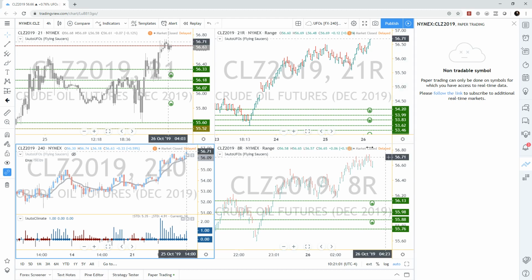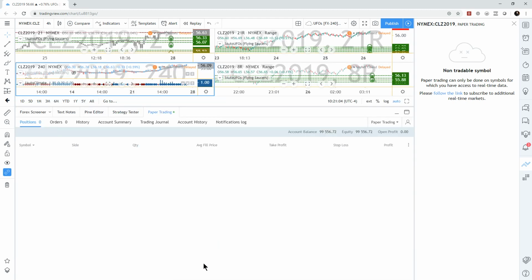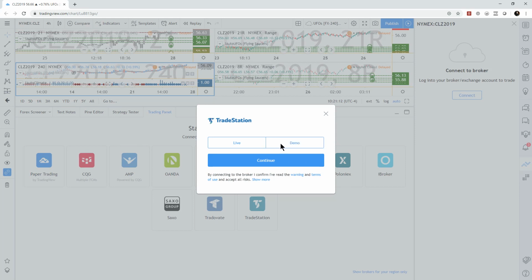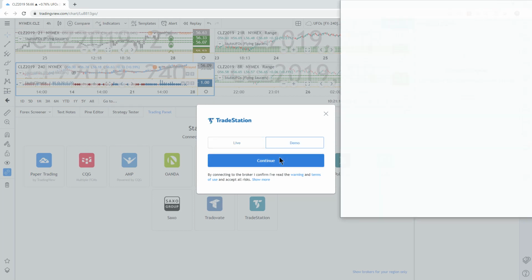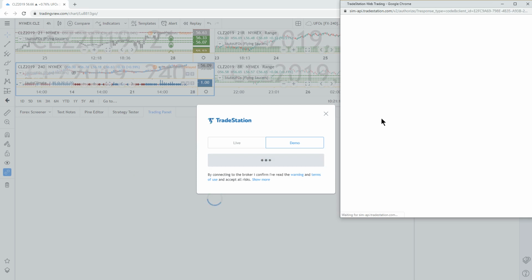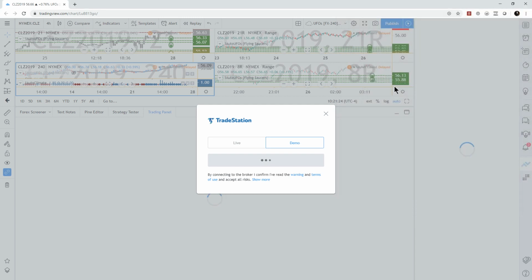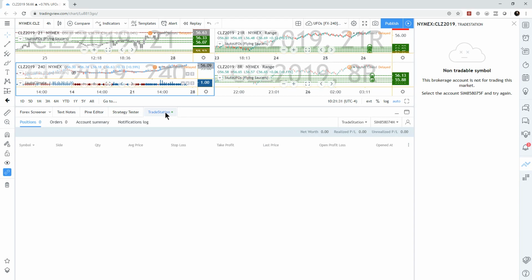Well, you need to be connected to an account, okay? So here I'm just gonna connect to TradeStation via TradingView. So I'll connect to demo or live, it's the same. I will input my username and password, so I can get real-time data from the exchange.